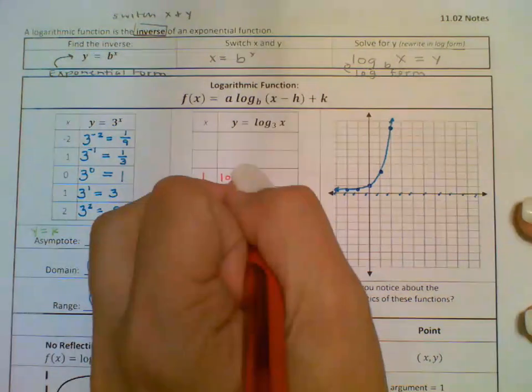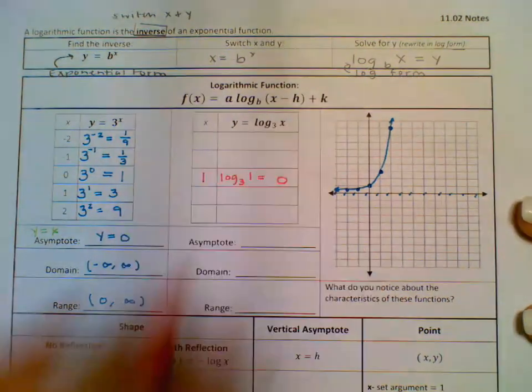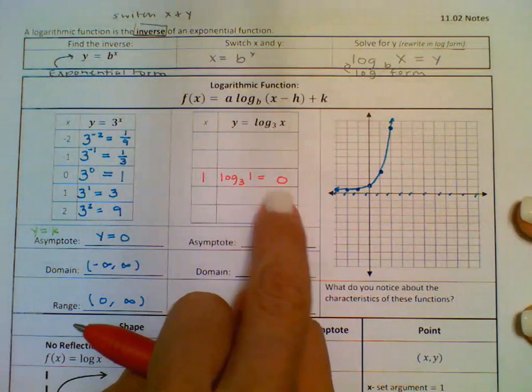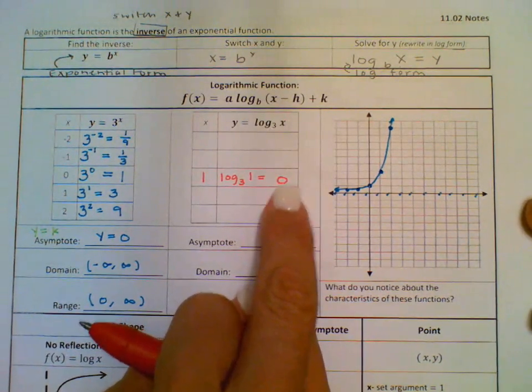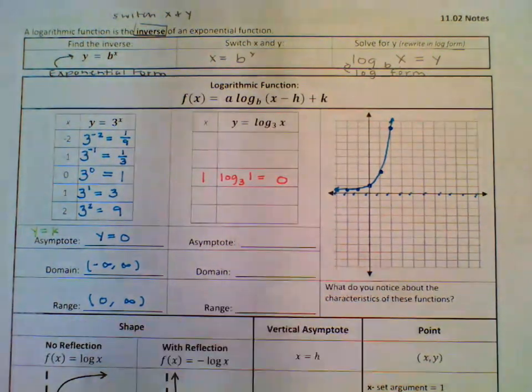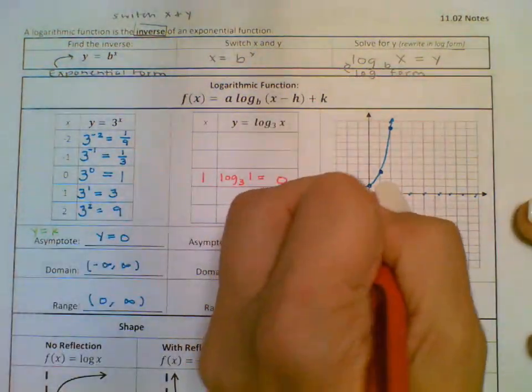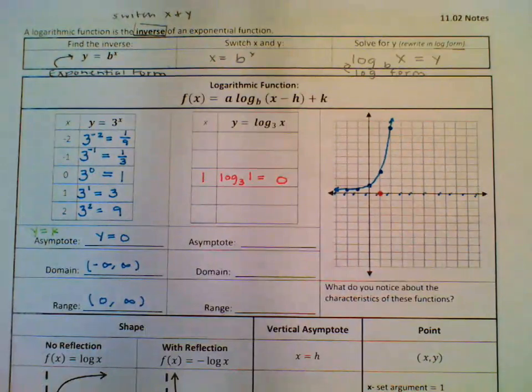The only exponent that does that is 0. Anytime the argument equals 1, the answer is always 0 because the exponent of 0 makes the argument 1. So the point (1, 0) is on our log function.